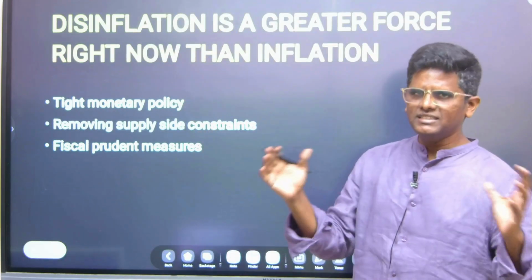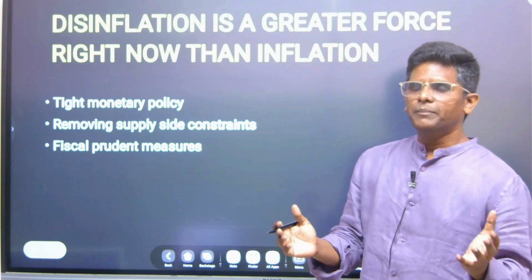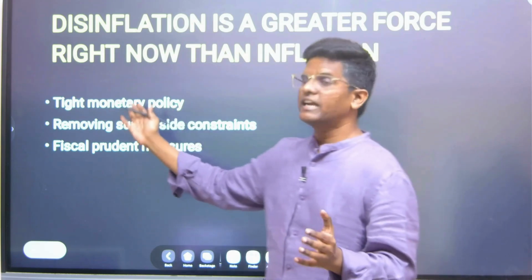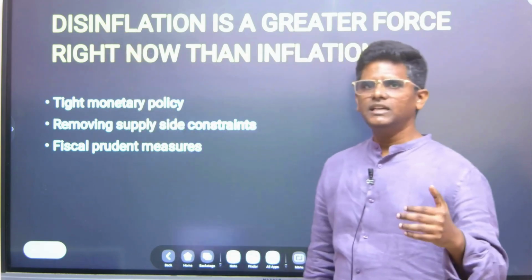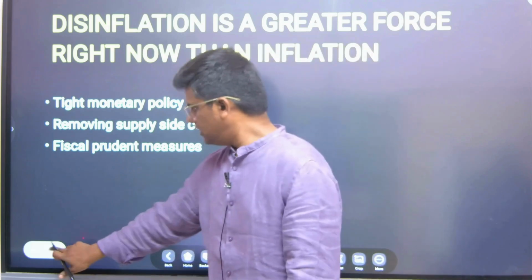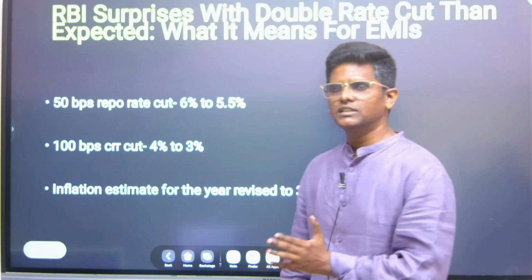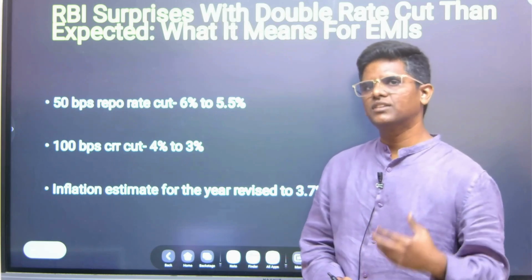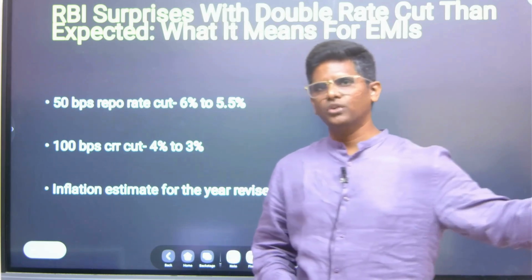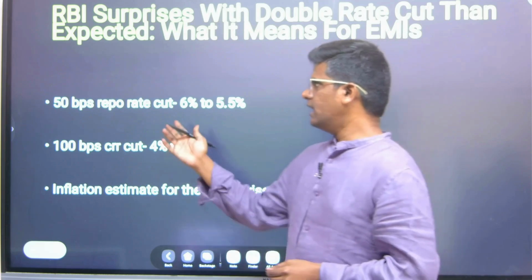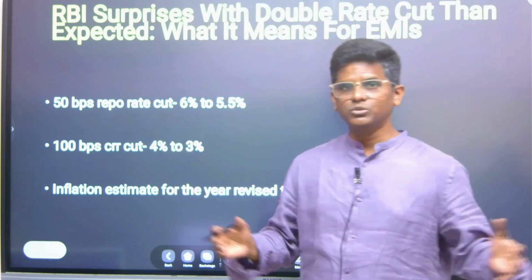Disinflation happens because of tight monetary policy. Previously, our repo rate was very high and it didn't reduce. There was a concern on food inflation also. If you have followed current affairs, the repo rate was not reduced for almost 6 months.